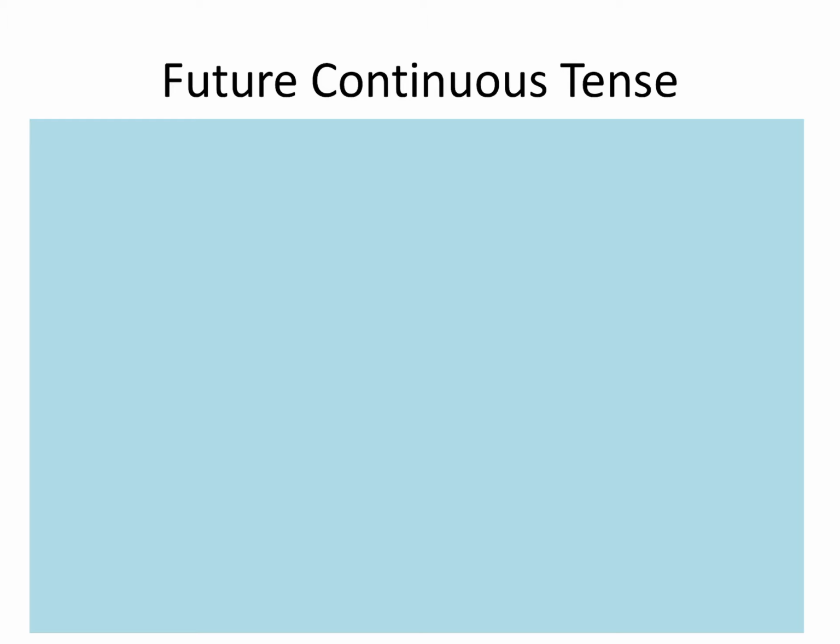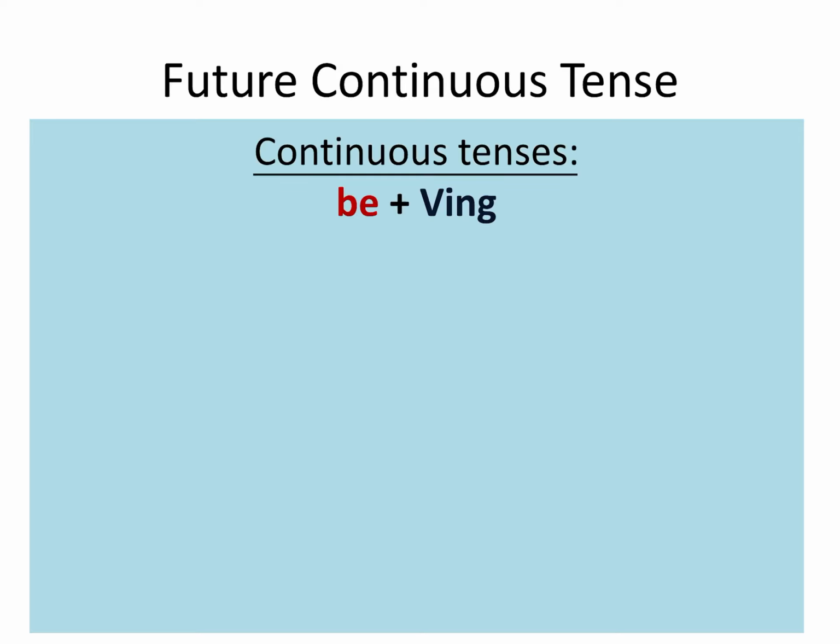Okay, so let's move on to another tense, which may be new to you, future continuous tense. From our previous knowledge, we know that the form of whatever continuous tense is be plus ing. And the word be tells you the time, present, past, or future.